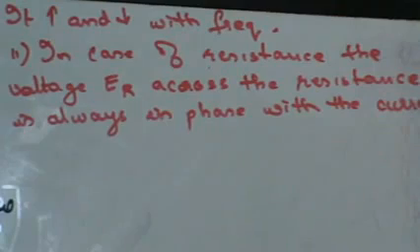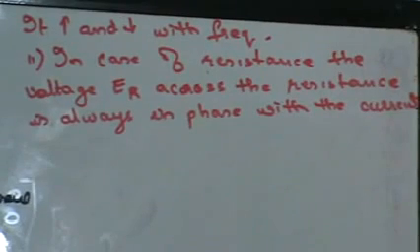Right? So the voltage and current are going to be in phase in the case of resistance, whereas in the case of reactance, if it is inductive reactance, it is going to lead by 90 degrees, and in the case of capacitive reactance, it is going to lag by 90 degrees.